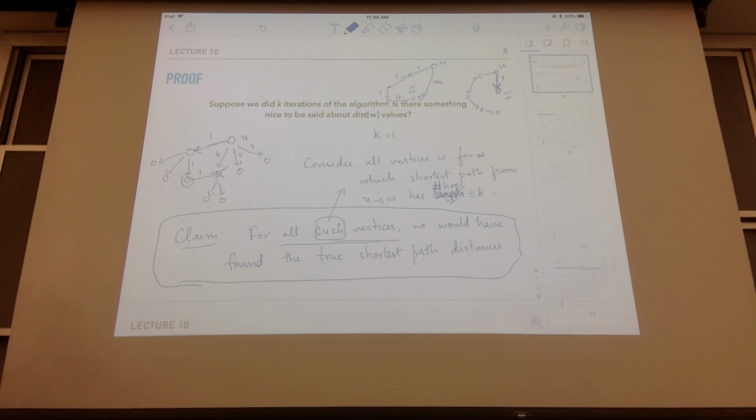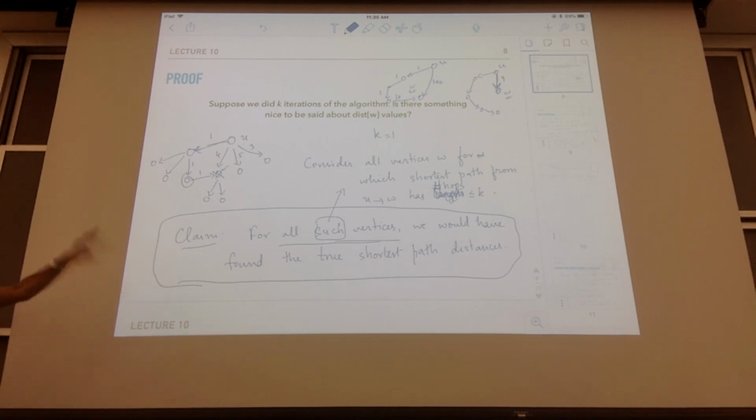You can easily check this. In fact, this statement is true even if you had negative weight cycles. It's just that for those vertices, the k is infinite, so the shortest path is infinitely many hops. So in that sense, it doesn't make sense.